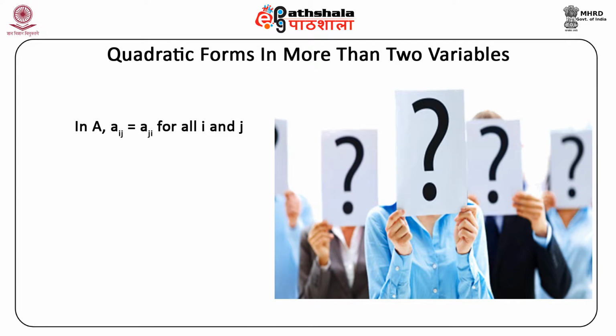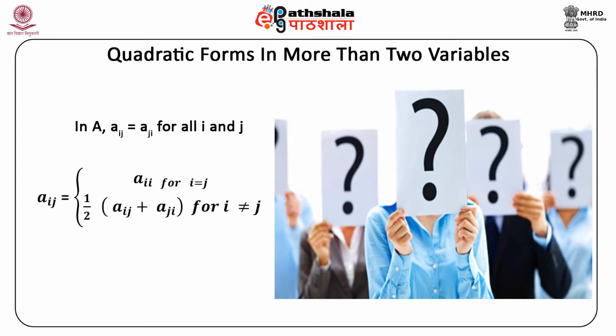It is possible to write every given quadratic form in terms of matrices as above, with aij equal to aii for i equal to j, and half multiplied by aij plus aji for i not equal to j.